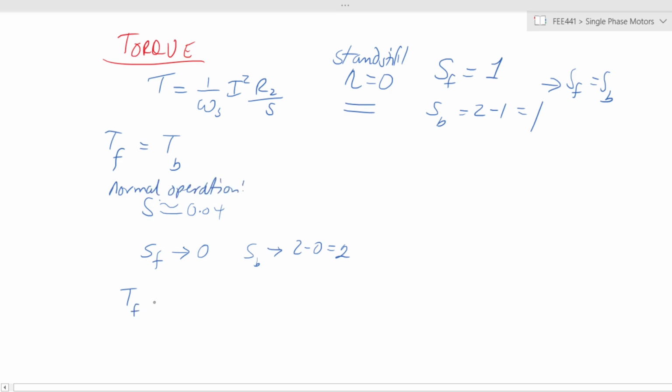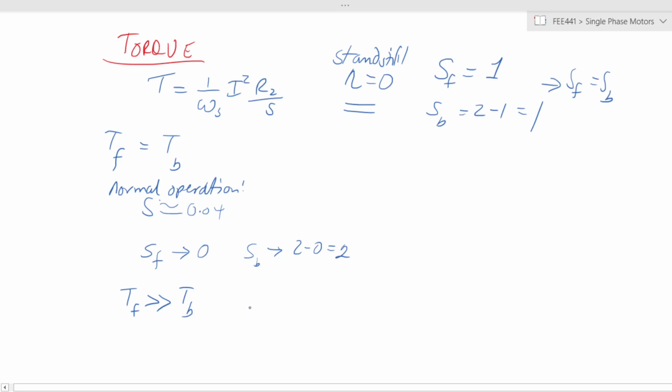The torque in the forward direction will be much higher than the torque in the backward direction, simply because in the forward direction this is a very small number, so it increases the value of the torque, and in the backward direction this is a very large number, 2, and it decreases the value of the torque. So the torque in the forward direction overwhelms the torque in the backward direction.